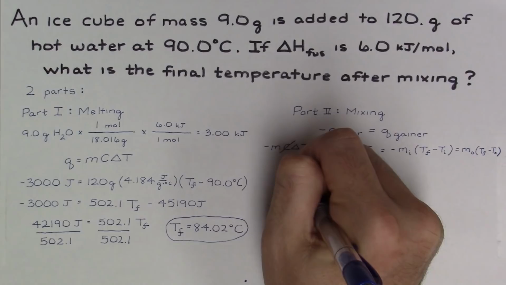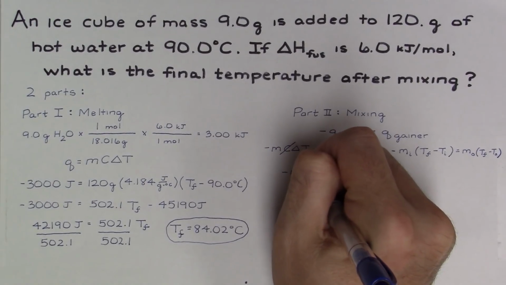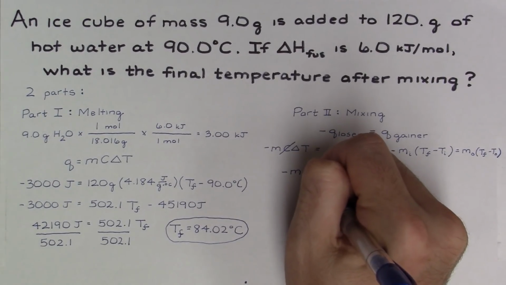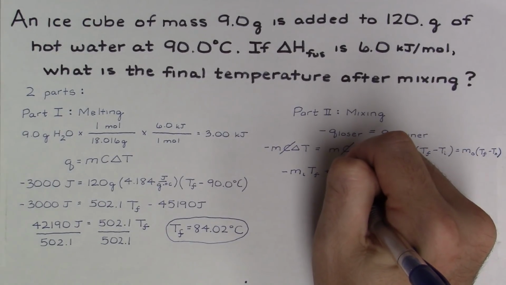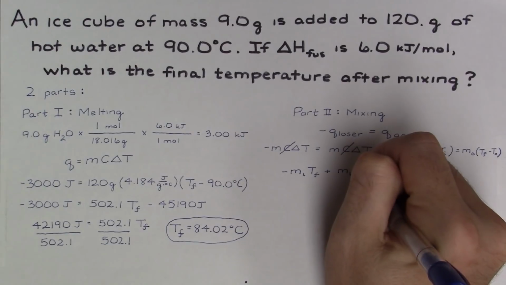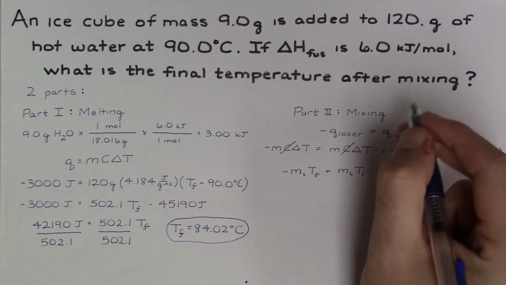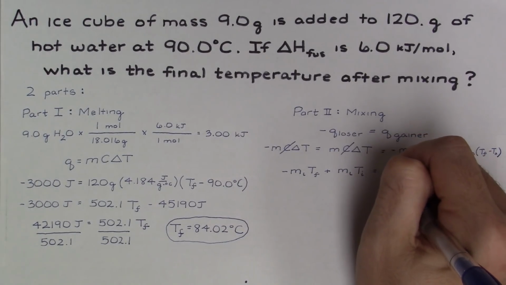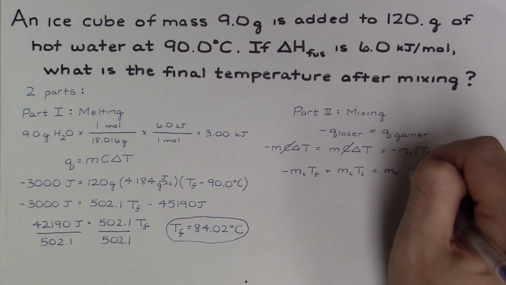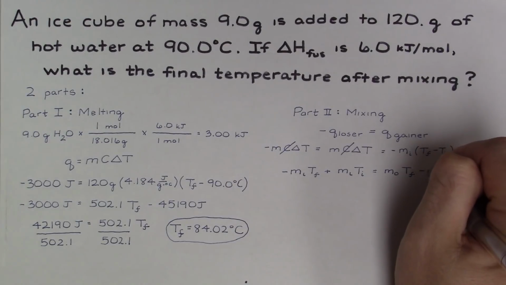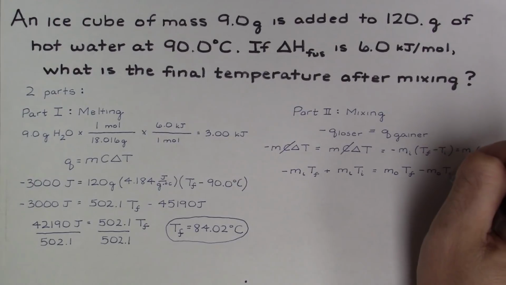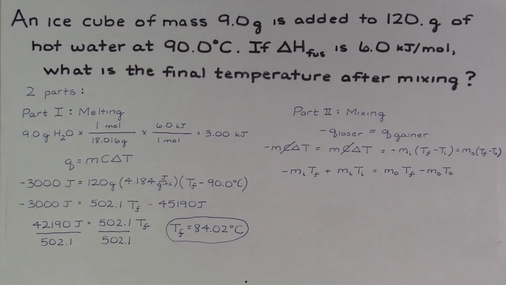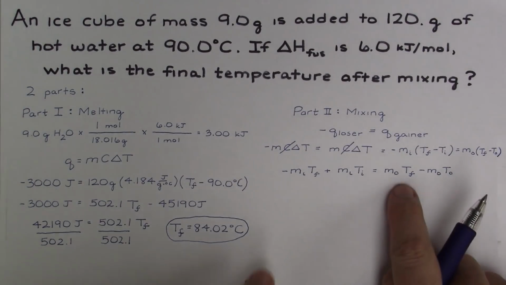If we expand this all out, you will get negative Mi times our temperature final plus Mi times Ti. So again, these are the species of our hot water. This is equal to our MO times temperature final minus MOTO. These are the values associated with our cold water created from the ice.